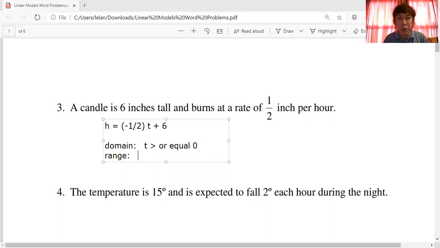All right, so our range starts with 6 inches and lower. So this will be in between 0 and 6 only. So how do we write that?